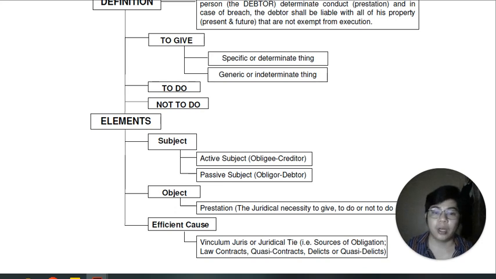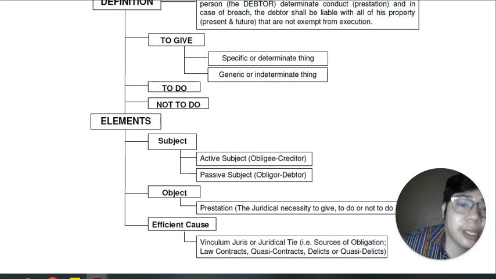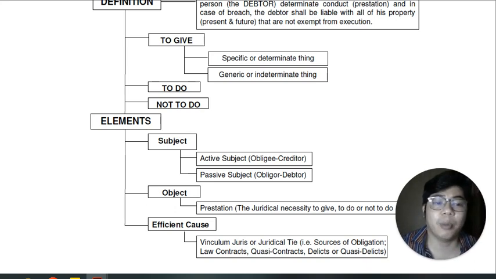So what is a determinate thing? According to Article 1460, a thing is determinate when it is particularly designated or physically segregated from all other of the same class. An example of this is a car which has a plate number of, let's say, 1463.